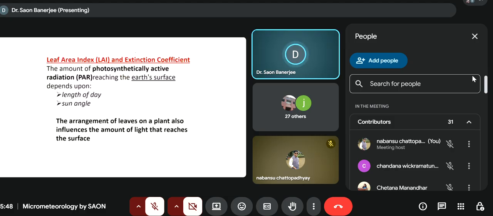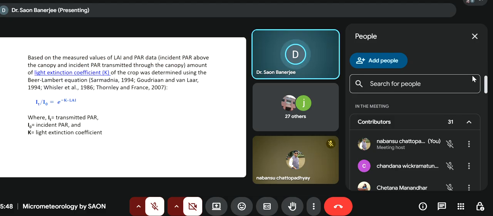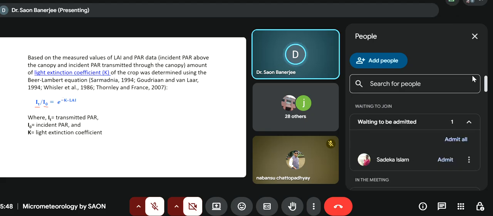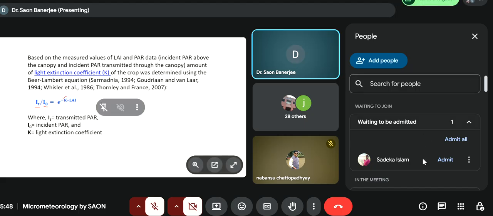And there is another term, that is the extinction coefficient. So the transmitted part and the intercepted part are governed by the leaf area index as well as the extinction coefficient.